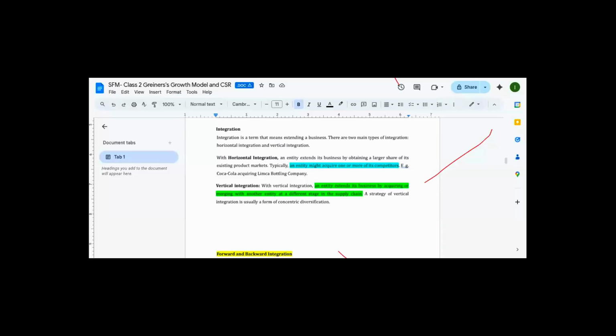So integration is a term that means extending a business. When we are talking of integration, we have two main types: horizontal integration and vertical integration.